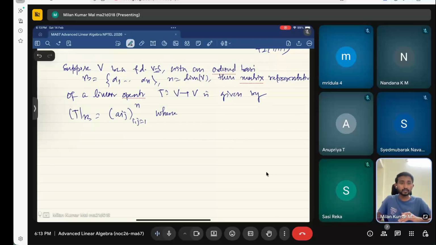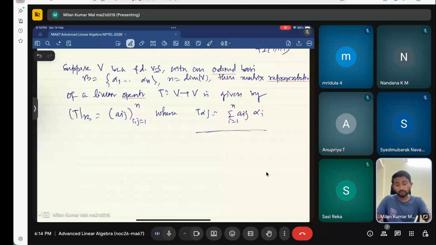The ijth entry of the matrix is Aij, where these Aij are related by T of alpha j equals the summation of Aij alpha i, i equals 1 to n. So this is the matrix representation. I am using those things here.